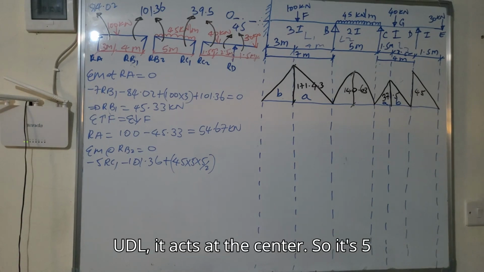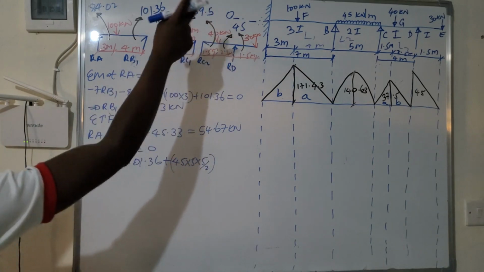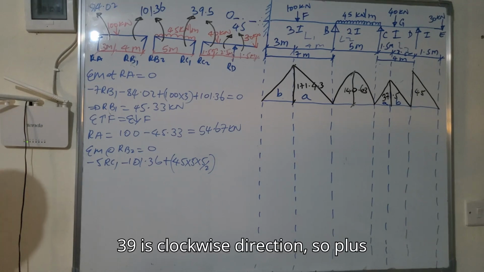The moment of a UDL acts at the center. So it's 5 over 2. Then you come to 39, in which direction? 39 is clockwise direction.